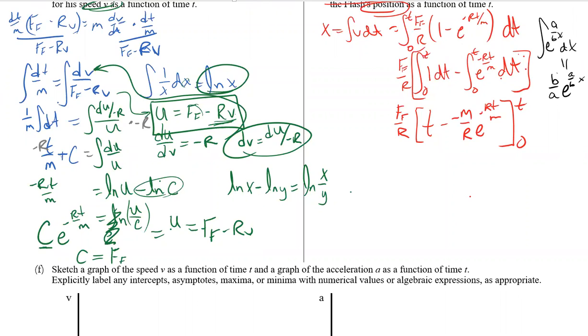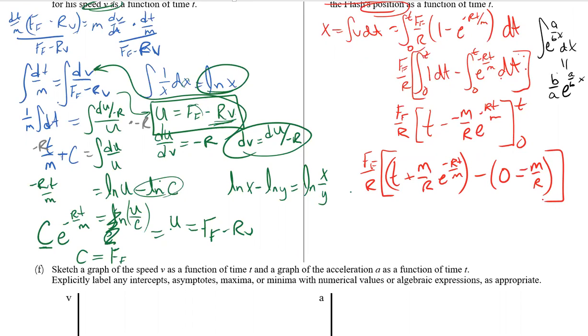So when we do that, remember you take the final, which is your t, minus the initial. So I'm going to take that whole term again, F over R, the final, which will be t plus m over r, e to the negative RT over m, minus the initial, which will be 0 minus a negative m over r, and e to the 0 is 1, so that becomes the second term.